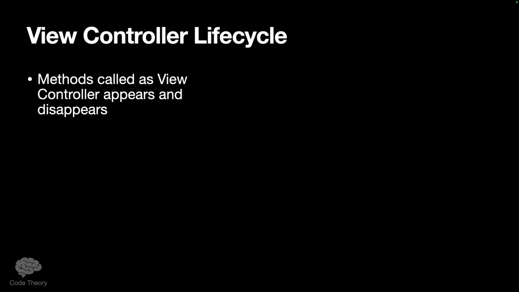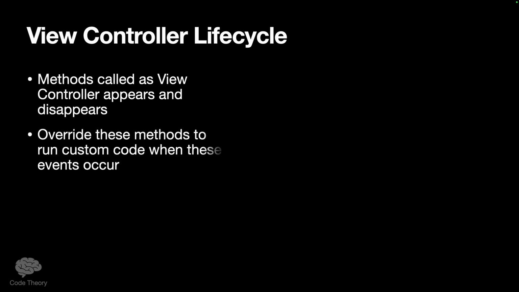There are a number of methods that UIViewController wants you to override. If you override these methods, then your override method declarations will be called when certain things happen, okay? So these are your life cycle methods. They're called when the view loads, when it appears, when it disappears, that sort of thing. You override them to run your custom code when those events occur.